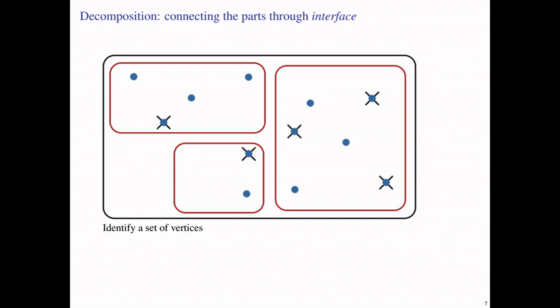So an interface is a set of vertices, these crossed vertices, for instance, such that they approximately lie on every shortest path that crosses the boundaries. So if you want to go from one vertex in a part to a vertex in another part, going through an interface vertex incurs a detour of only epsilon times the diameter of the part. Okay, so it's a small detour. So you can consider that every path goes through an interface. At least that's the goal.